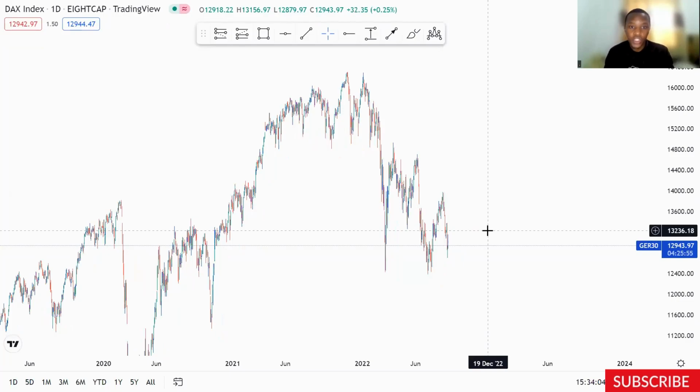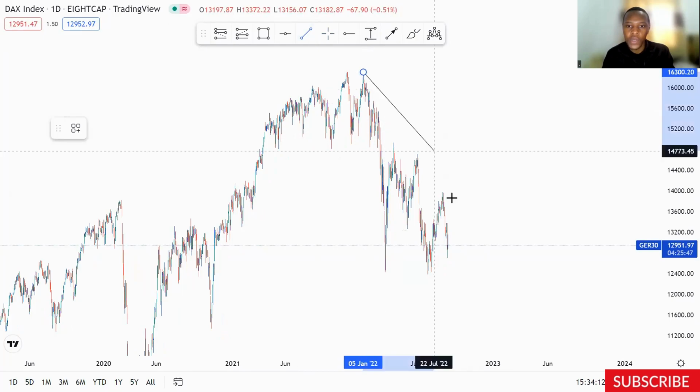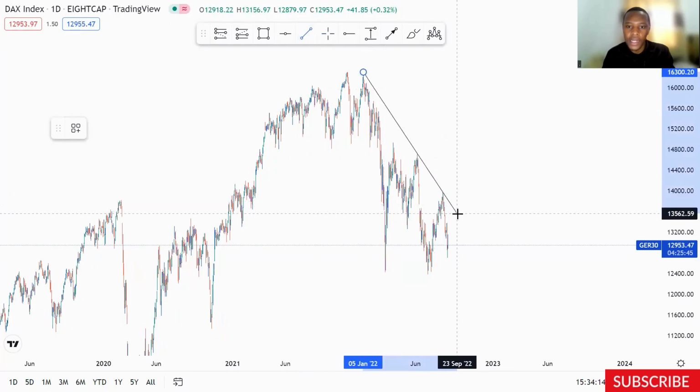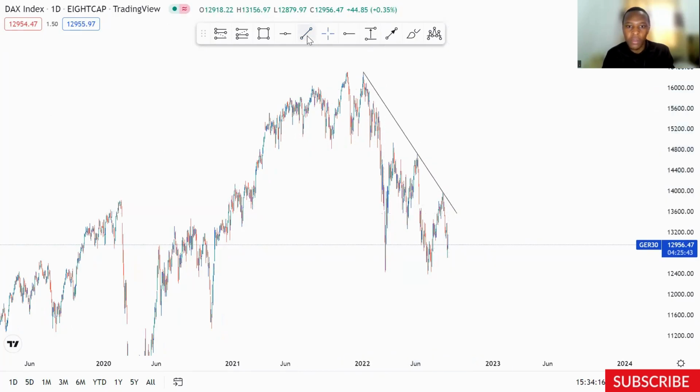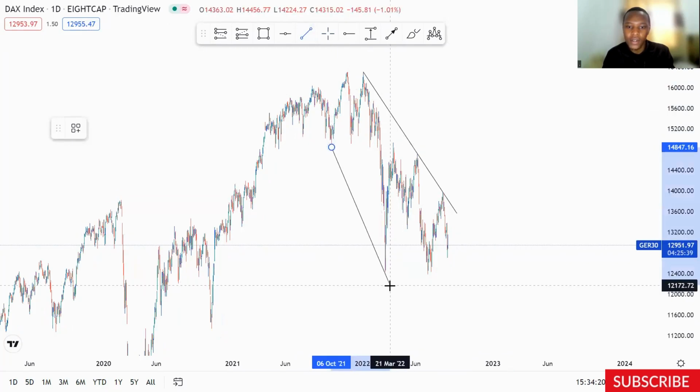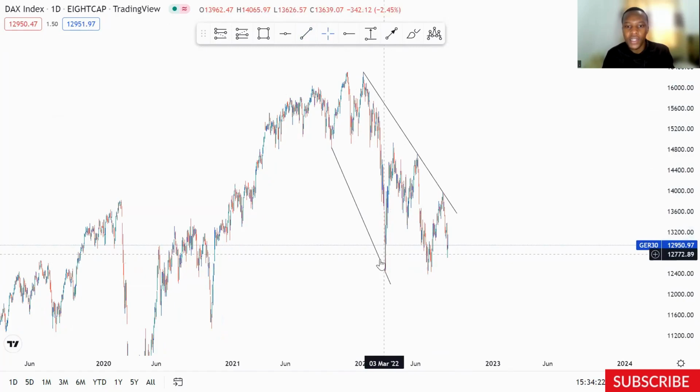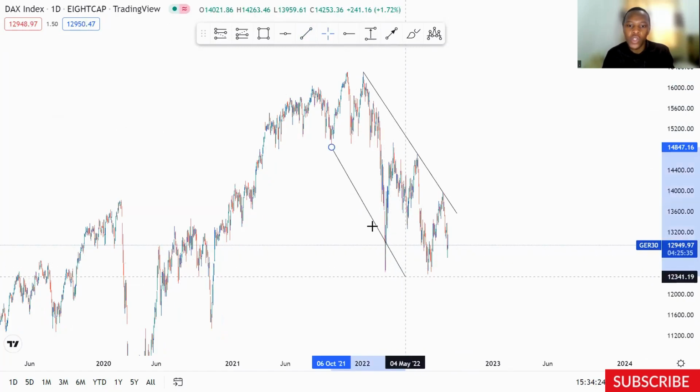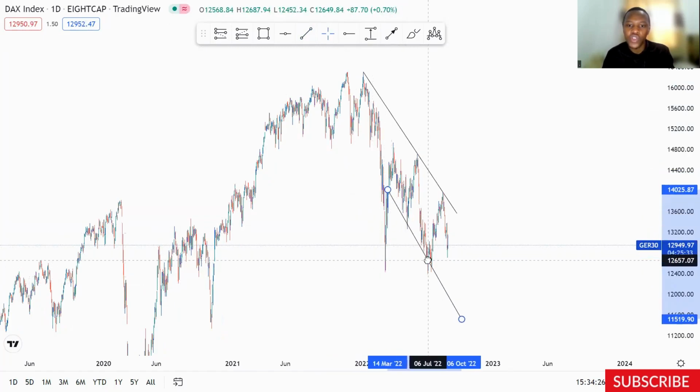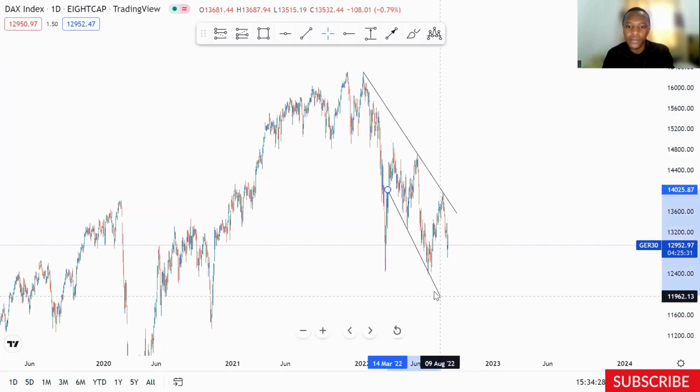Okay, so let's try something different now. We have on the chart German 30, which is one of the other indices, right? If you look at the top, you can clearly see that we have 3 touches there that are clear and obvious. At the top, we could have a trend line like this, right? It's fine, but at the same time, you also have an alternative to rather draw it somewhere around about here.